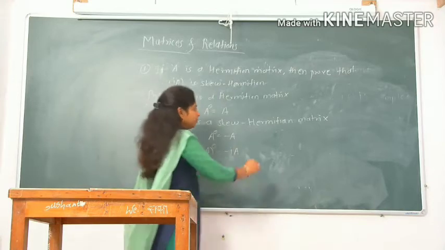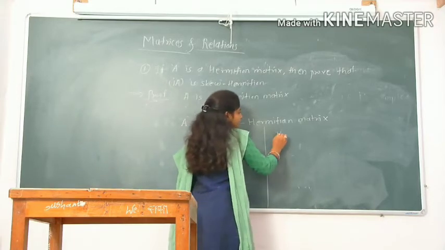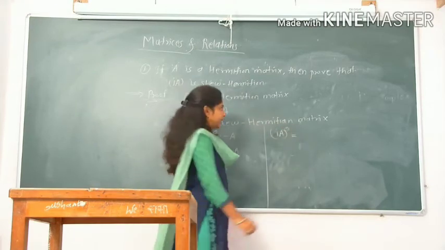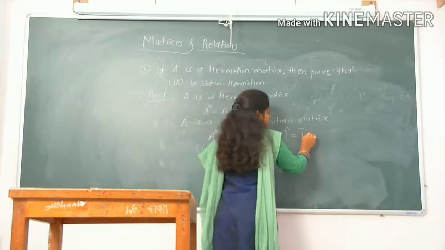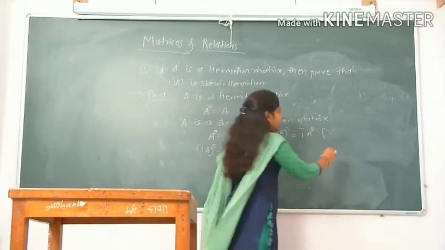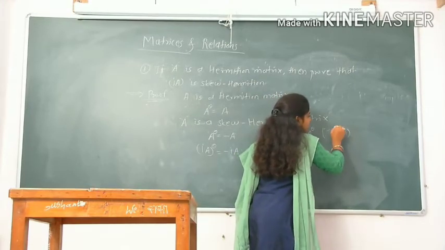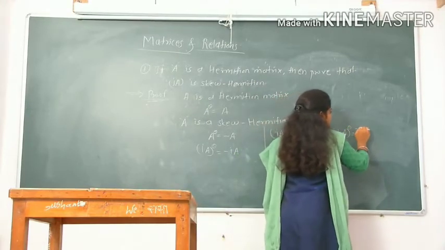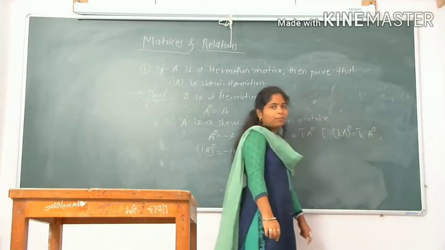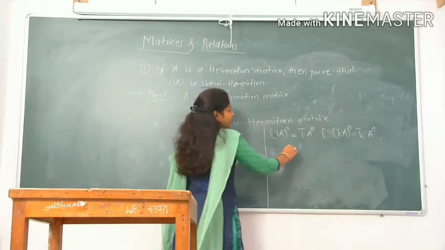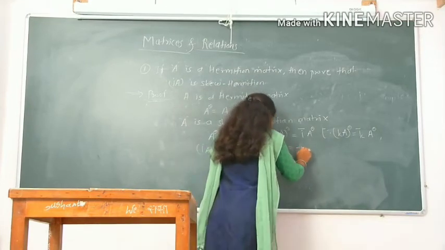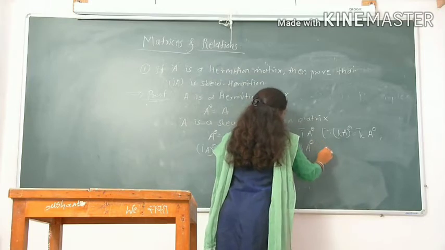So consider iA raised to theta, which can be written as i bar into A raised to theta, since we know the theorem k into A raised to theta is the same as k bar into A raised to theta, where k is any complex number. So now the conjugate of i, that is i bar, is minus i, so we get minus i into A raised to theta.